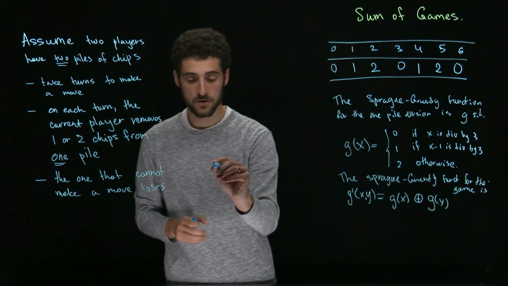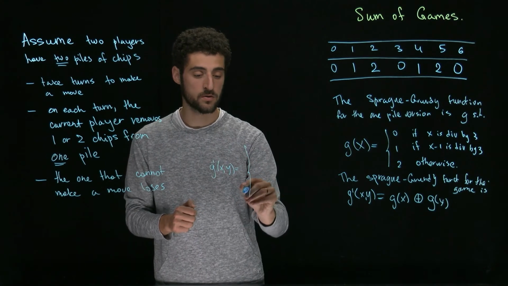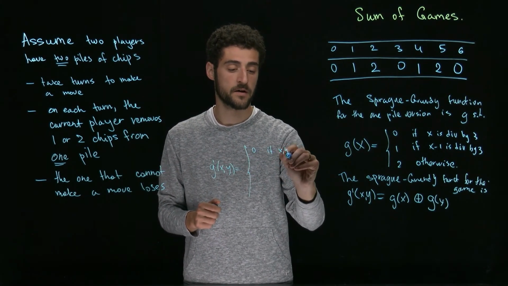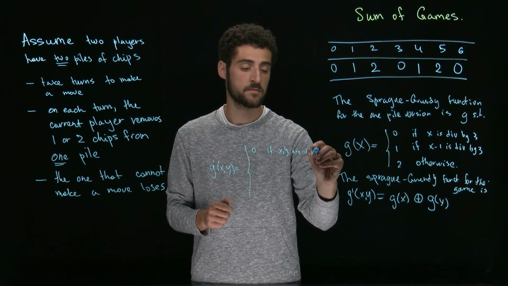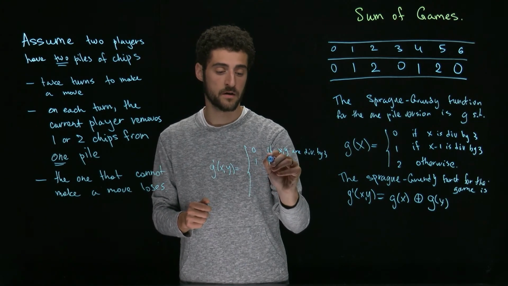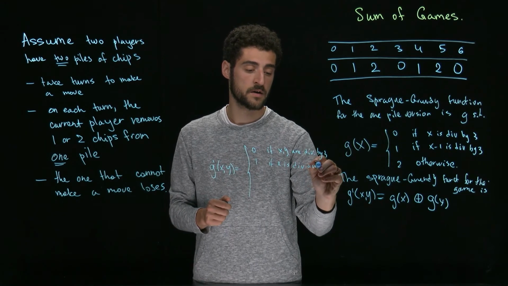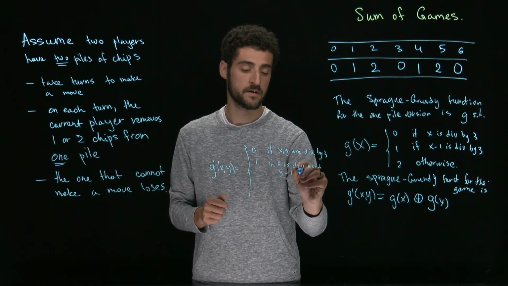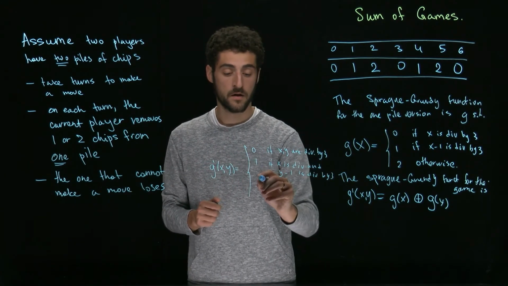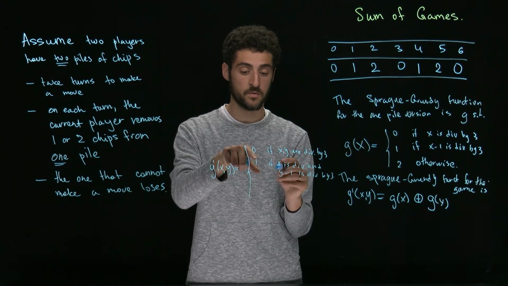In other words, g prime of (x, y) is equal to 0 if x and y are divisible by 3. It's 1 if x is divisible and y minus 1 is divisible by 3, just because this is XOR of 0 and 1.